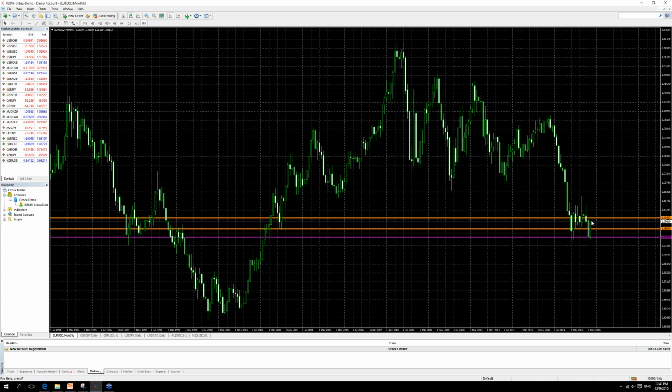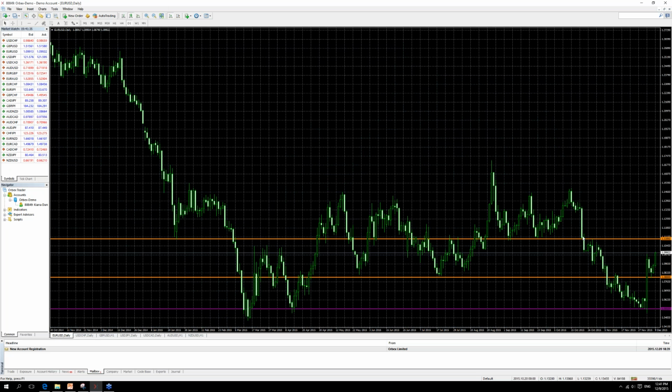The reason why this 111 is very important is because if we zoom back to the daily, this is a more recent important level, and it's kind of in between this consolidation that we were seeing in the past since March, right?